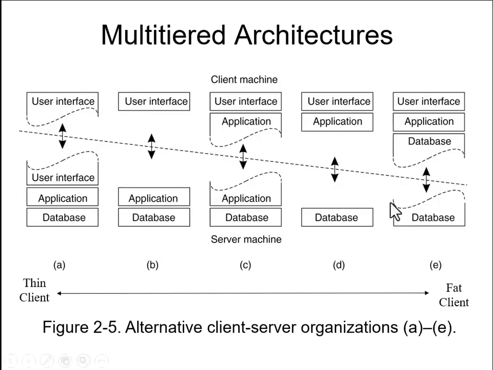When we go here, in fat clients we have only the database installed on the server. In between, we have the application here, which is divided into both categories, client side and server side. So this is the diagram which shows how layers are distributed.